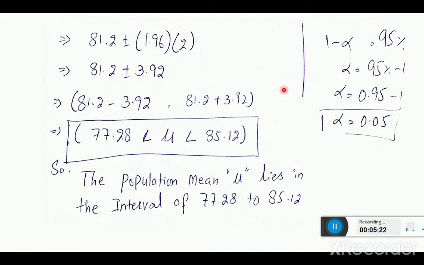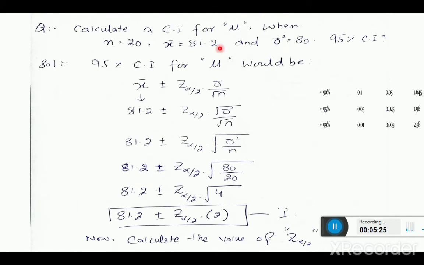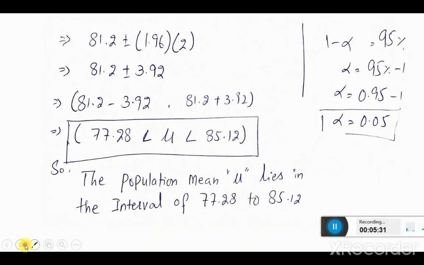The confidence is 95%. Confidence is always denoted by 1 minus alpha. 95% I am sure, so that is represented by 1 minus alpha.